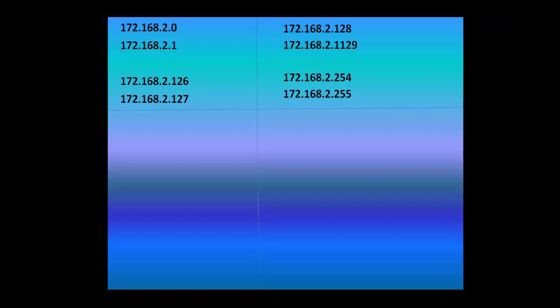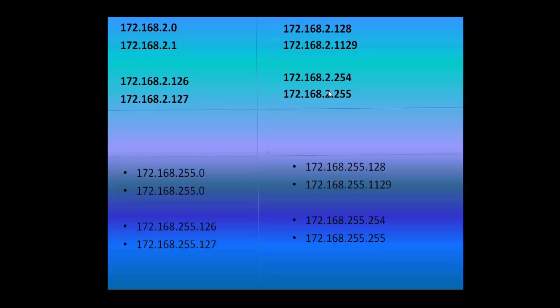If you get 1.126, 127, the next block will be 2.128. Sorry, it's a 1. Then 129, 128 and 129, 254, 255. Again it becomes saturated, it becomes 3 in our next block. So it keeps going, until one time comes when it becomes this one.